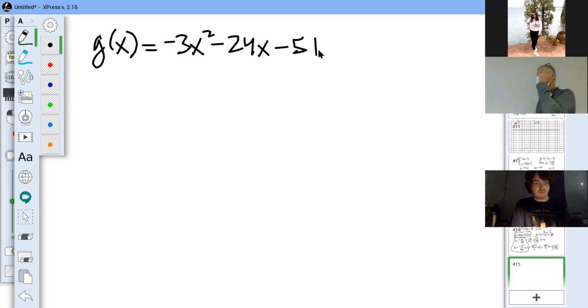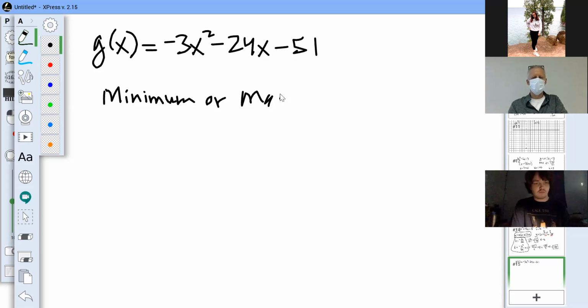So a lot of things in this section are about the vertex, axis of symmetry, and a little bit of graphing. So there are 3 questions. The first question is, does it have a minimum or a maximum?